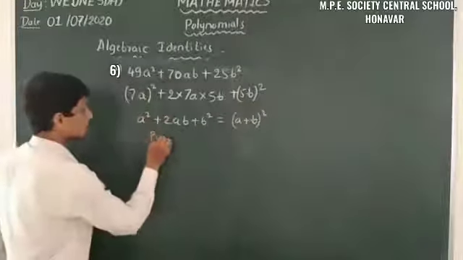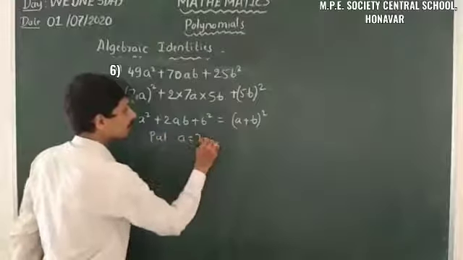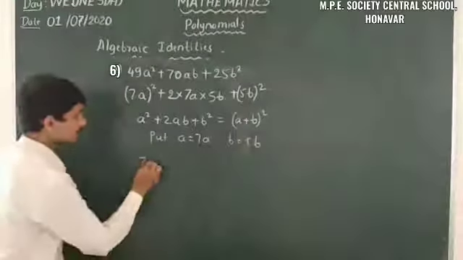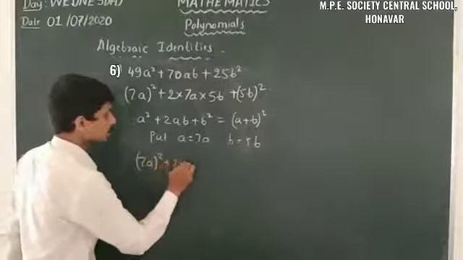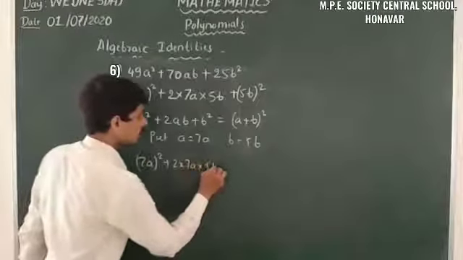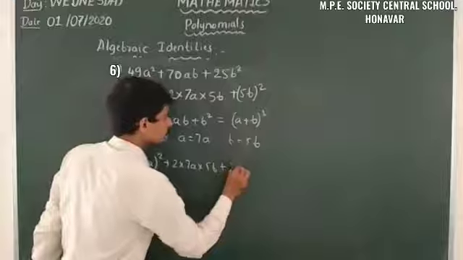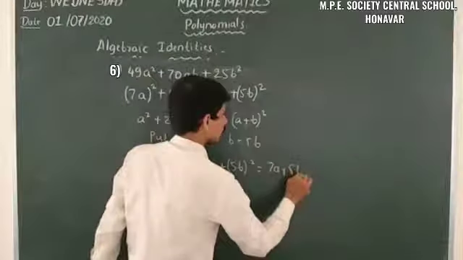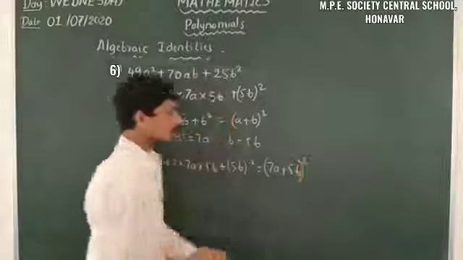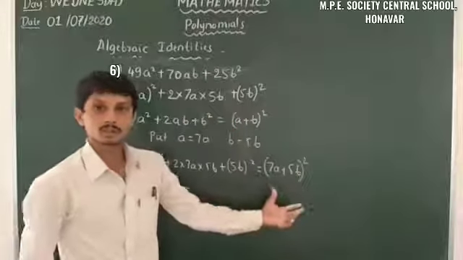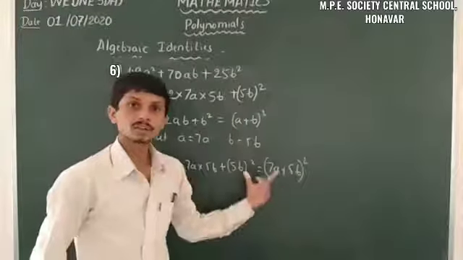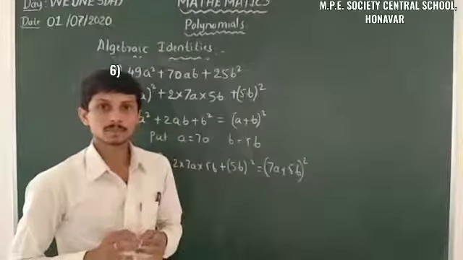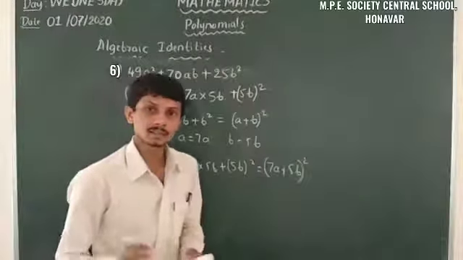Put a equal to 7a and b equal to 5b. So (7a) whole square plus 2 into 7a into 5b plus (5b) whole square is equal to (7a plus 5b) whole square. This is our required solution. Let us move on to the next problem.